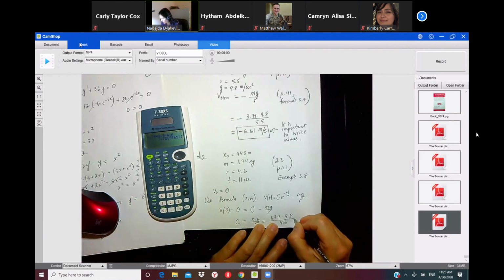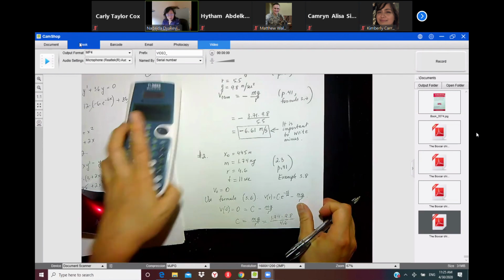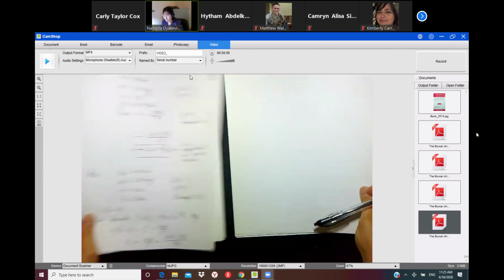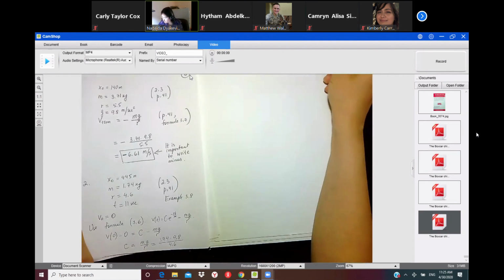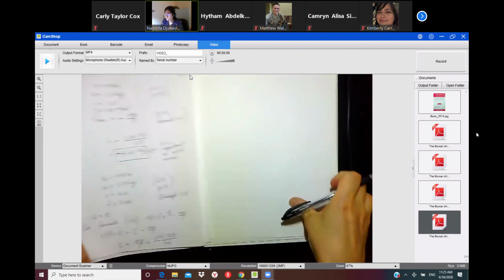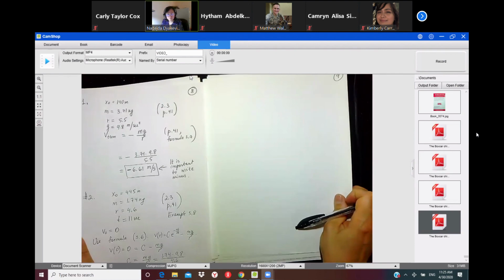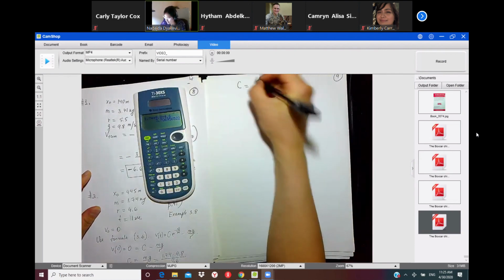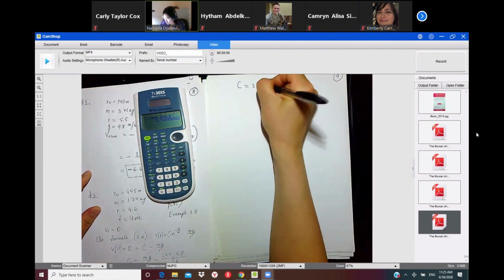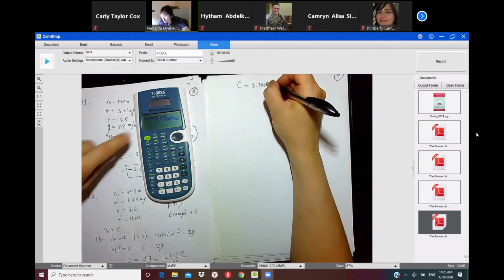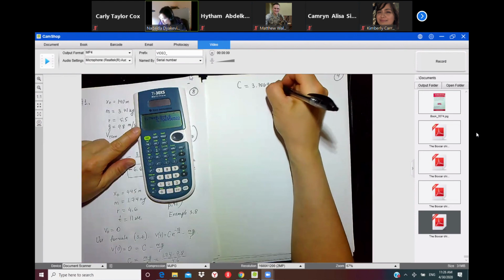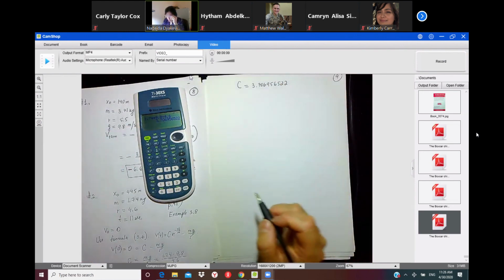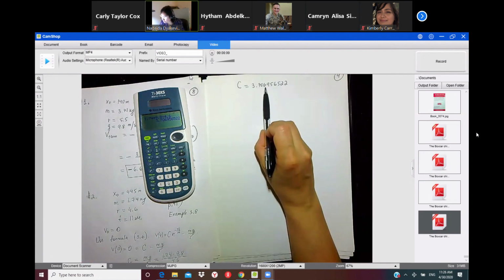And I'm getting, let me move to the next page, I'm running out of space here. So we have, I'm keeping all the digits, 3.706956522. So please confirm, are you getting the same C value?